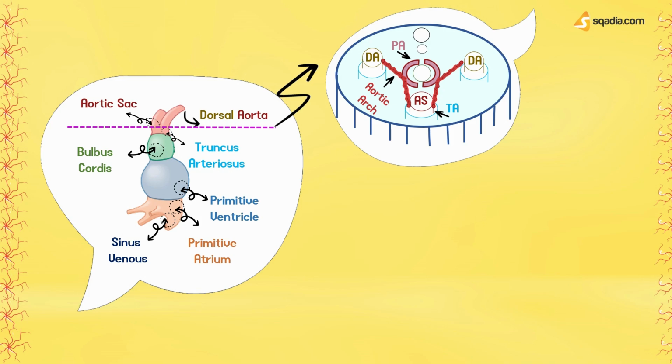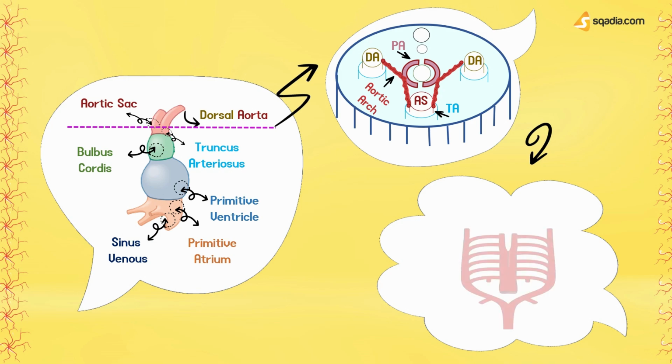So, this whole network of blood vessels is called the aortic arch. Good, Diana.